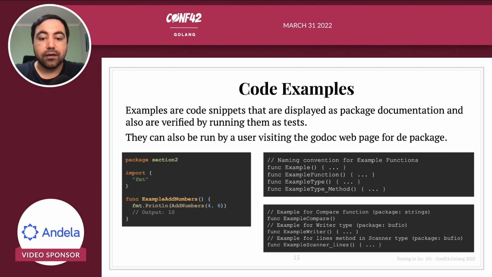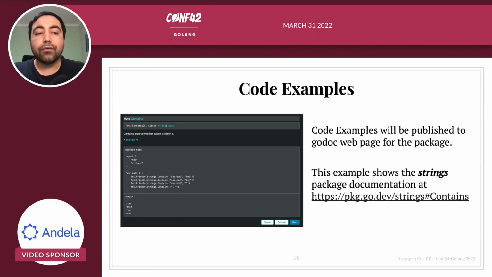Okay, here are some examples. For example, to create an example for the Compare function in the package strings, an example for the Writer type in the package bufio, and finally an example for the Lines method for the Scanner type, which is part of the package bufio. And how is this example displayed in the Godoc web page?